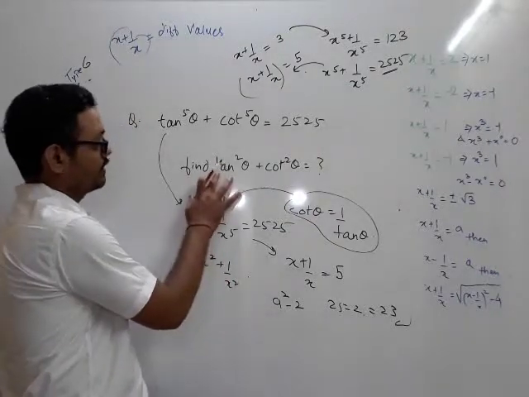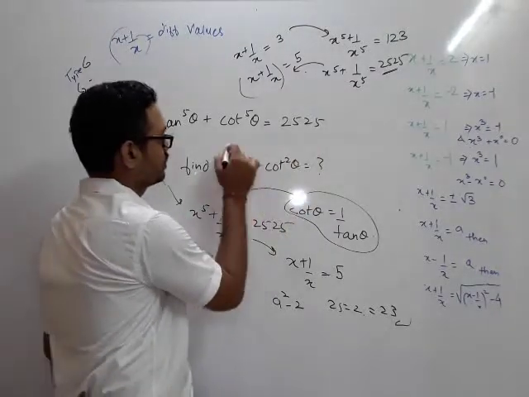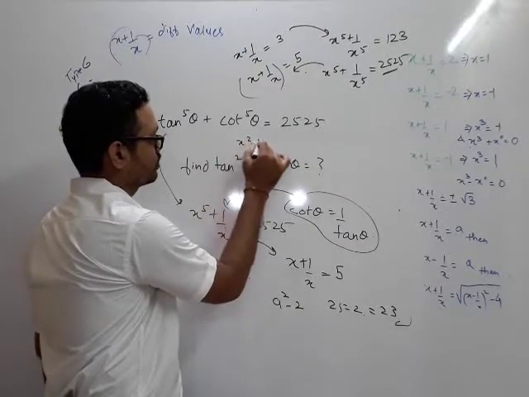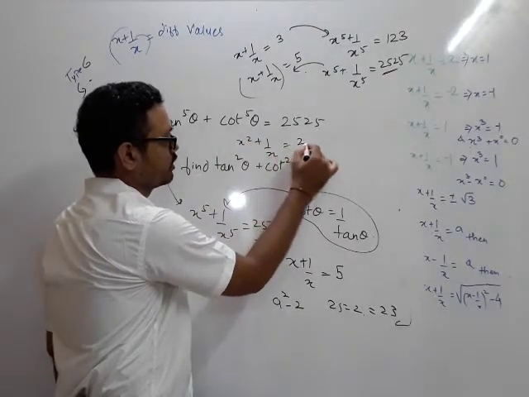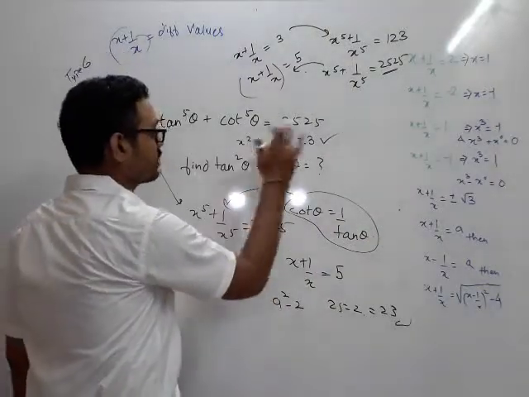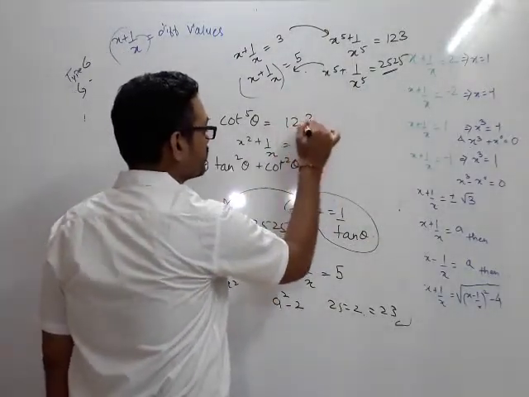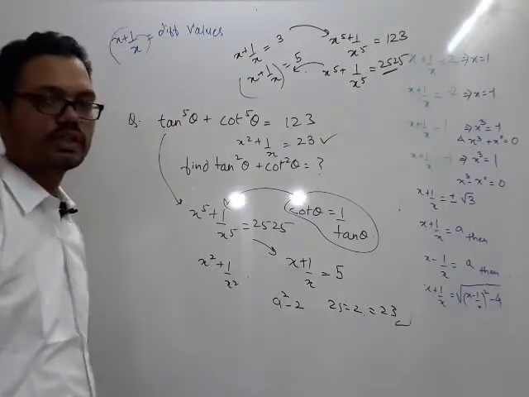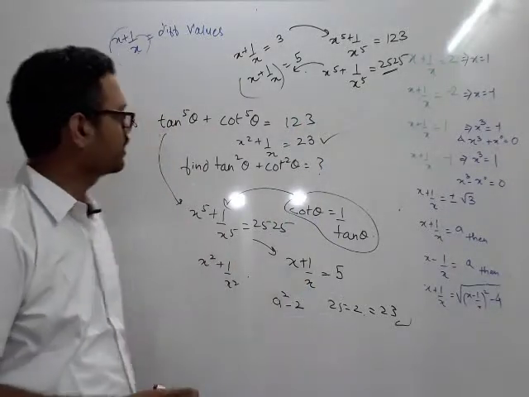So tan square theta plus cot square theta, which is of the form x square plus 1 by x square, its value will be 23. Similarly, next time they can ask nothing else but 123. How would you rationalize it? How would you break it up?